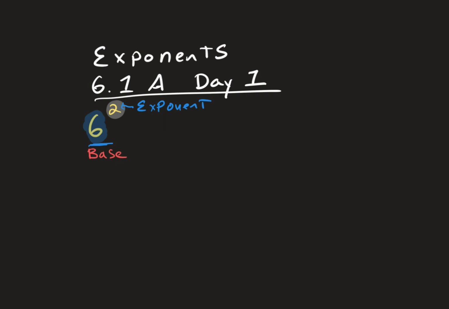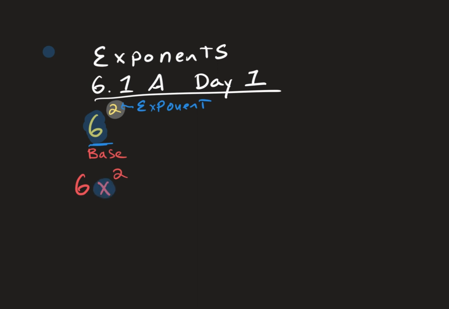Now the key to all of this is you've got to be able to understand what the base is. The base is the part that's being risen to a power. If it's not part of it, say we have something like 6x squared, our base in this case is just the x.